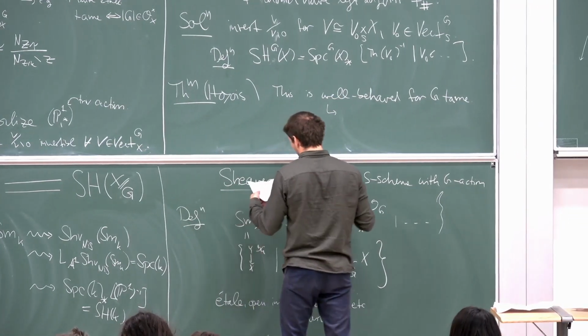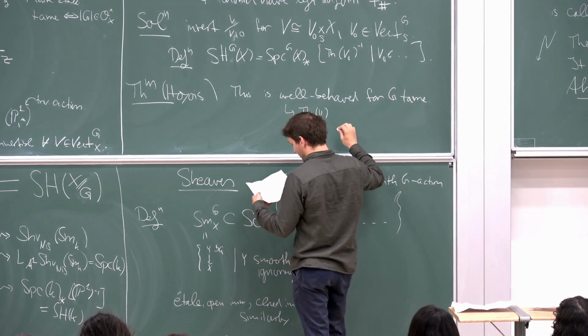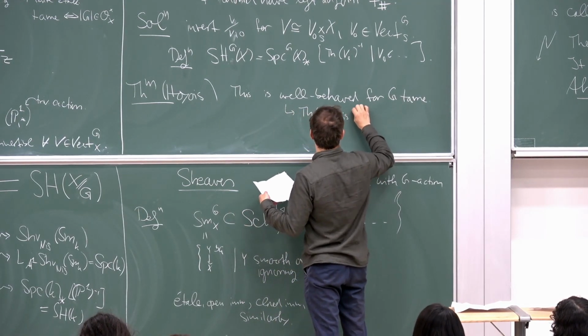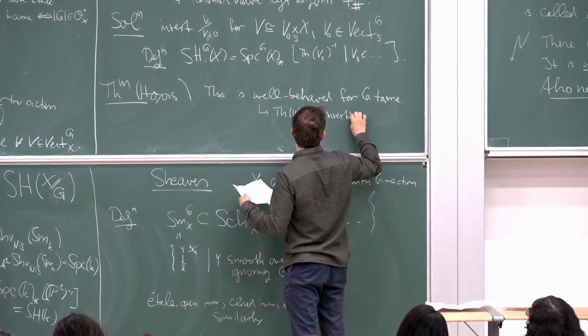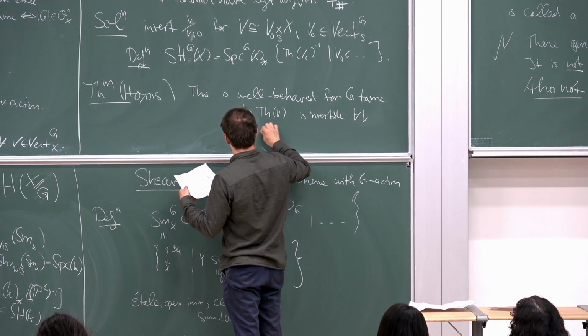What does that mean? So certainly all these Thom spaces of vector bundles are invertible. And it has a 6 functors formalism.